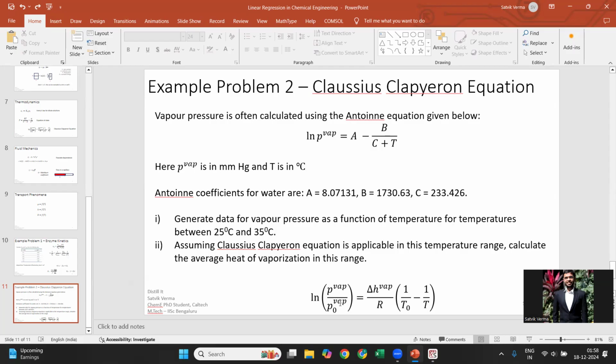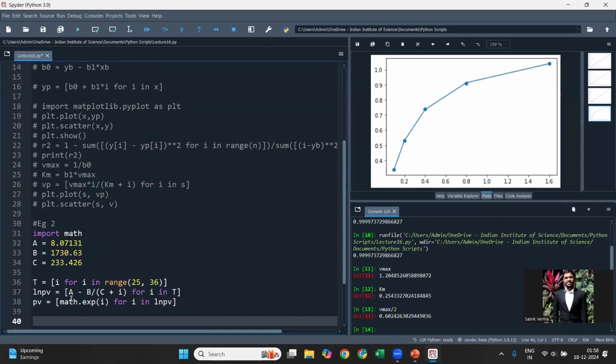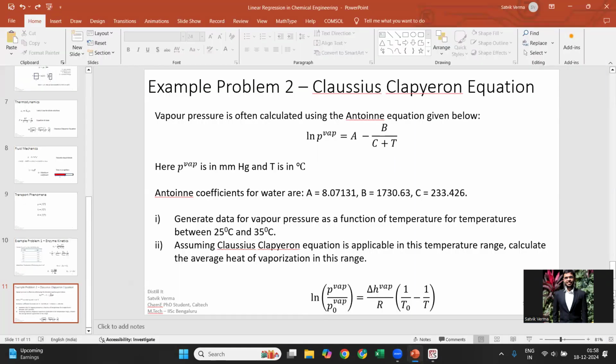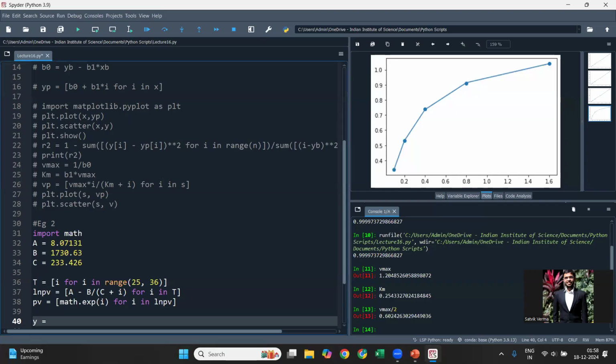So let's do that. You see Y is ln of P vapor by P vapor naught. I'll just take P vapor naught as the first value, right? The first value in my list over here. So ln of P vapor by P vapor naught can be written as ln P vapor minus ln P vapor naught. So that is my Y. So let's form my Y array.